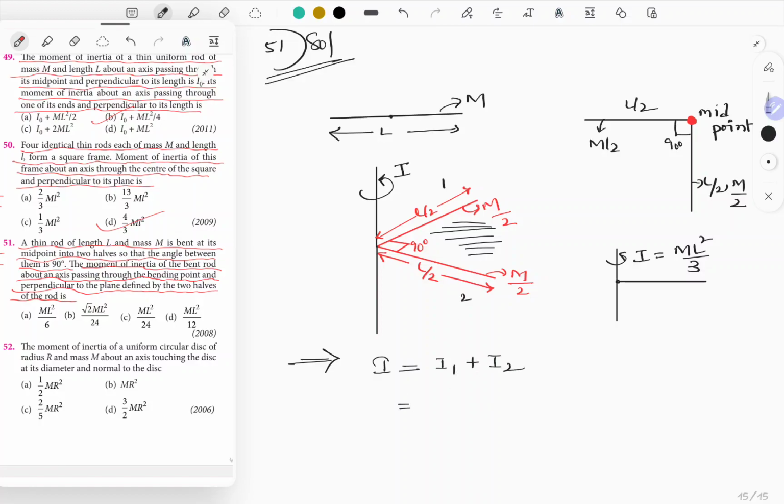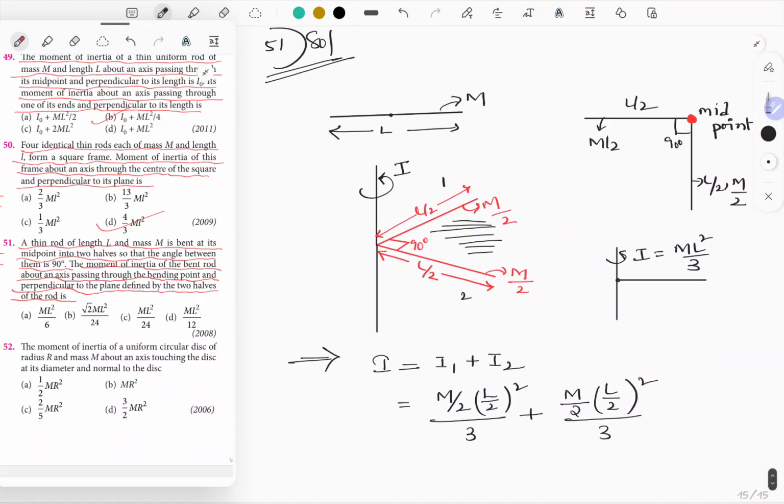Due to the first rod it is going to be mass M by 2, L by 2 whole square divided by 3. Next, M by 2, L by 2 whole square divided by 3. This is how we have to represent it.